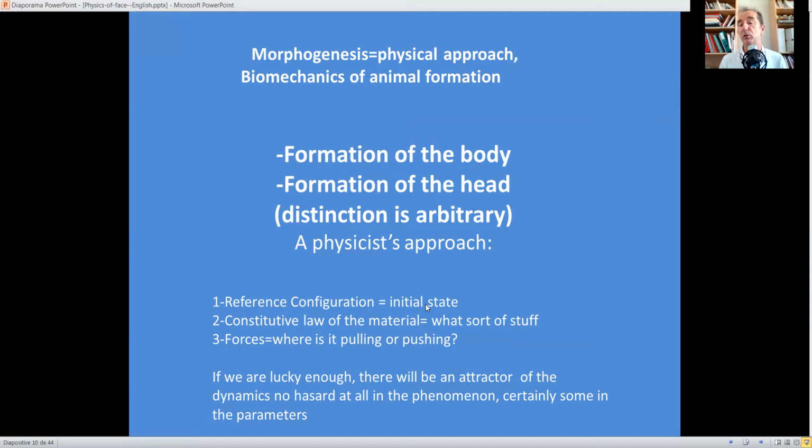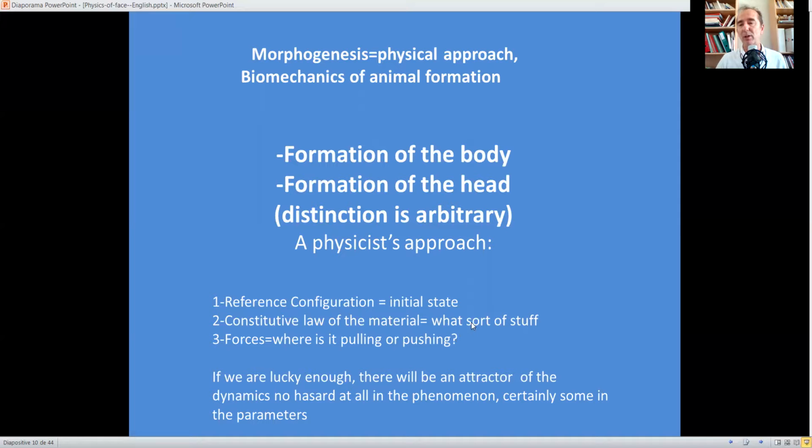For me, the reference configuration will be the early stage of oocyte cleavage. And I will not address the origin of life or the origin of sexuality or the origin of chromosomes. I will address the mechanics of how a mass transforms into an embryo.